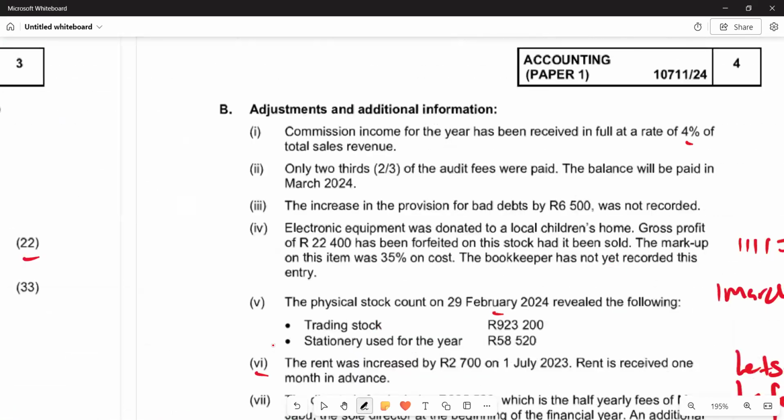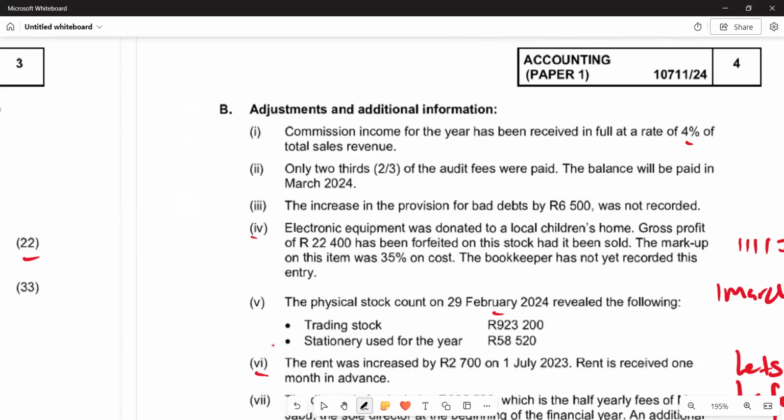Then if you come to additional information number 4, it's saying electronic equipment was donated to a local children's home. Gross profit of 22,400 has been forfeited on this stock, and it has not been sold. The markup on this item was 35% on cost. The bookkeeper has not yet recorded this entry.